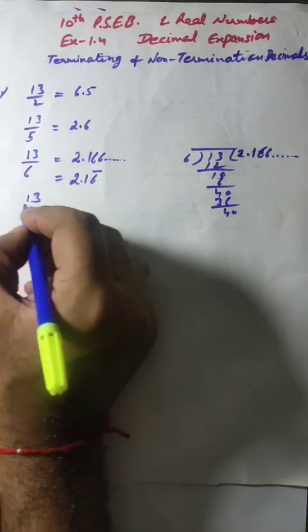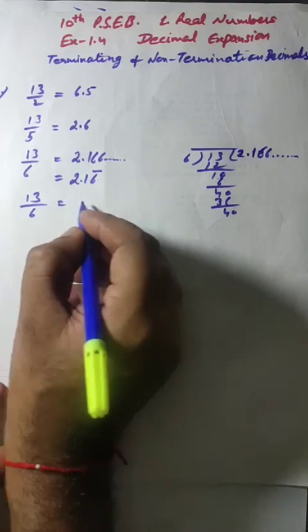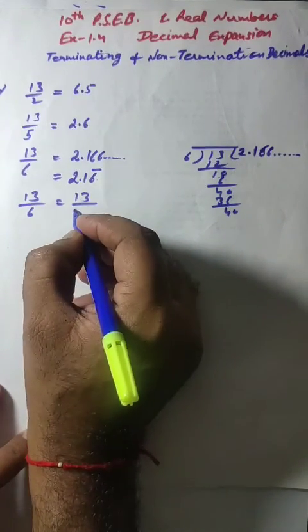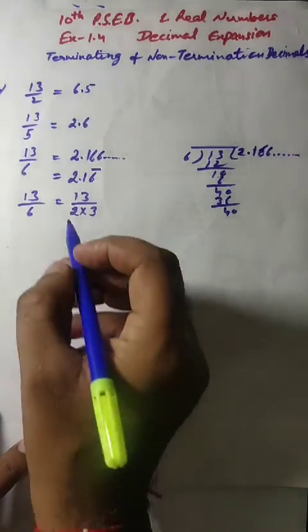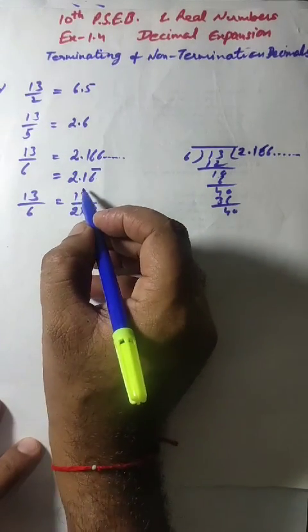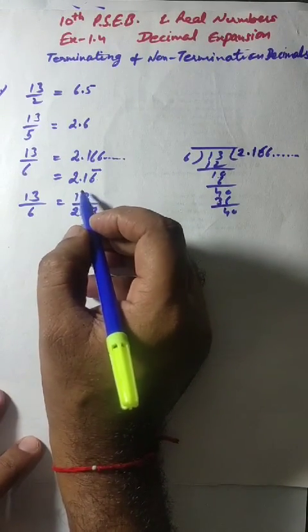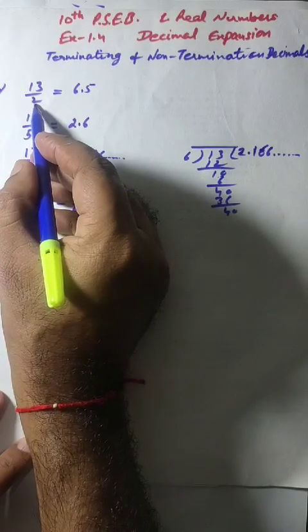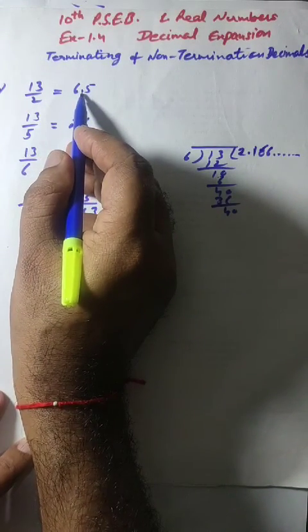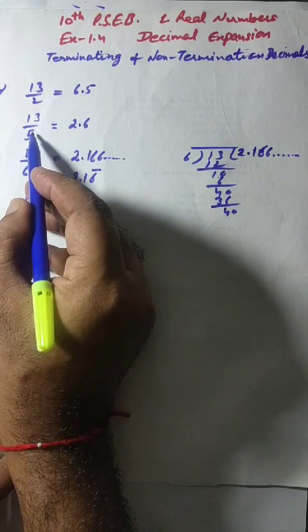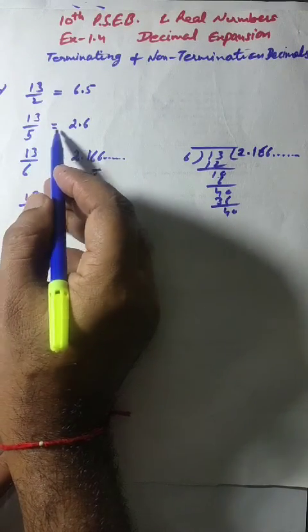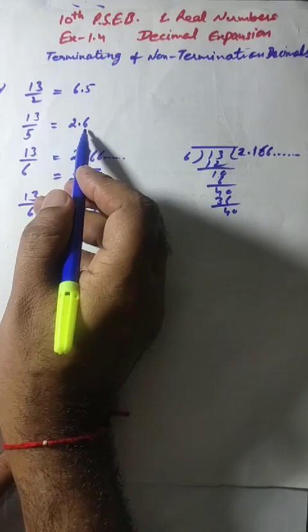Now let us analyze this. 13 by 6 equals 13 divided by 2 multiplied by 3. So it's clear here that if the denominator has the prime number 2, it may end after the decimal, and if it is also 5, then it becomes terminating.